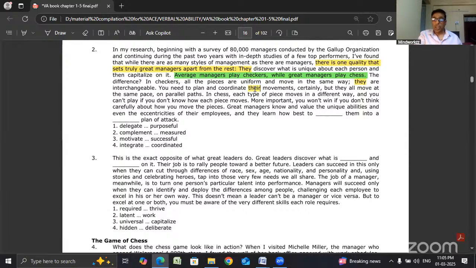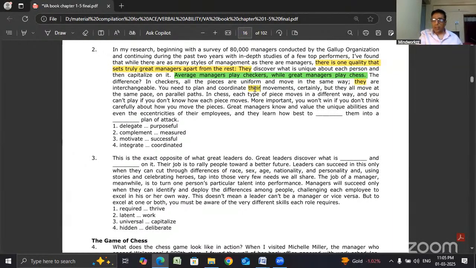The pieces of checkers. Why are we talking about checkers here? Is this article on some game? No, this article is on the qualities of a manager. And why has checkers come in here? Because the writer tells us that the average managers play checkers while great managers play chess. And here it is a metaphor that the author uses.